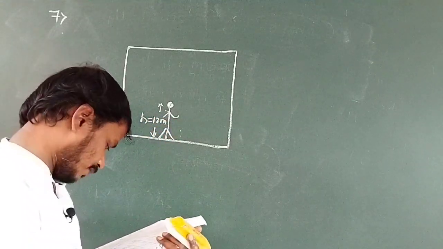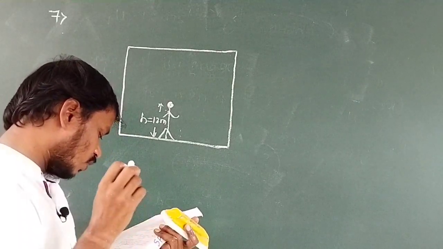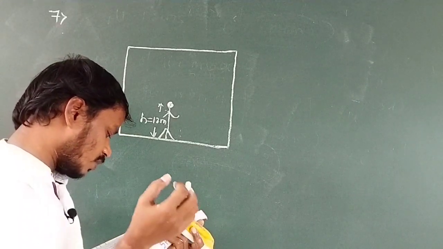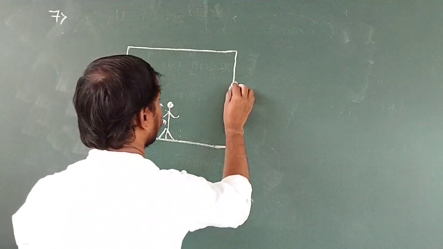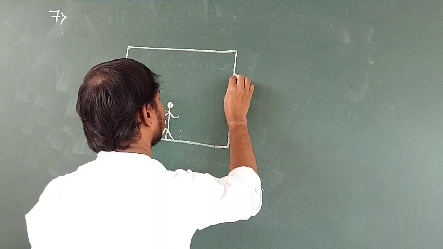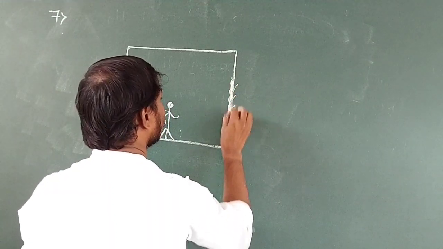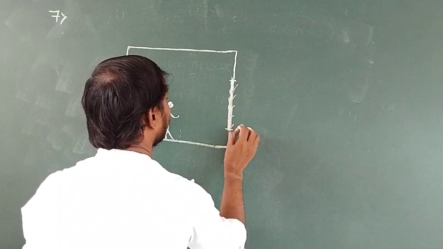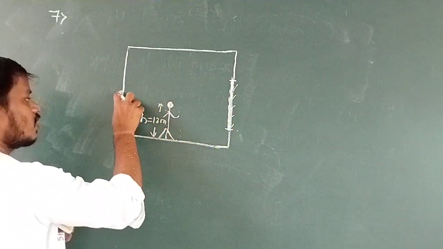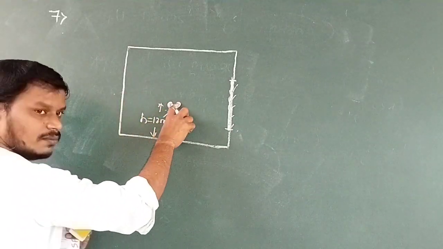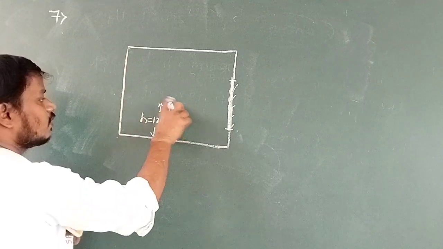Then the minimum length of the plane mirror for him to see the full length image of the wall behind him is equal to, there is a mirror. This is a mirror. So what is the minimum length of this plane mirror required to see the full length image of the wall behind him? So this is the wall behind him. We have to see the full length image of this wall behind the person.